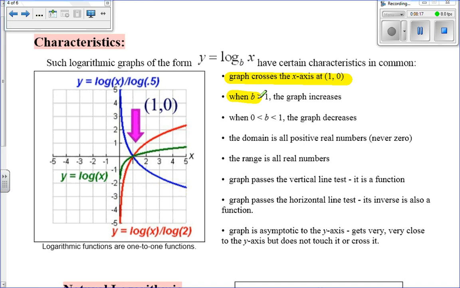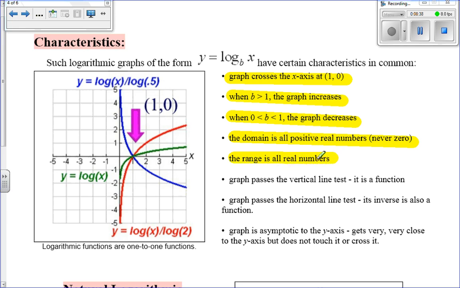When b is greater than 1, the graph increases. When b is a fraction, the graph decreases. The domain is all positive real numbers, but it's never 0. The range is all real numbers.